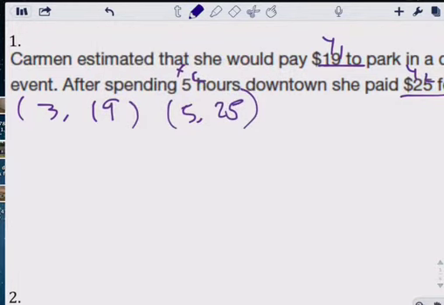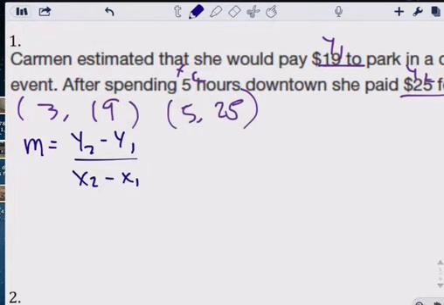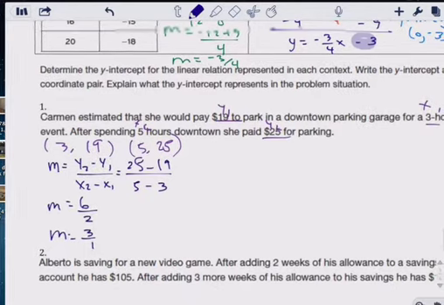Find slope. M equals y2 minus y1 over x2 minus x1. Okay, we'll just keep the same color. We can do this. 25 minus 19 over 5 minus 3. So m then is 6 over 2, or m is 3 over 1, which is 3.